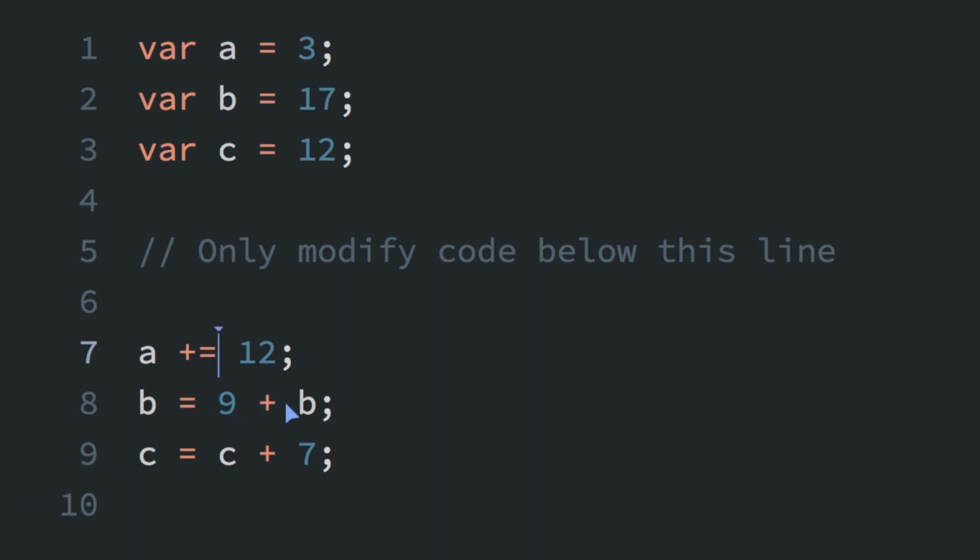So this equals the same thing. So instead of b equals 9 plus b, we can do b plus equals 9. So now we're adding the value to the variable and assigning the answer to that variable. So again, here we can do plus equals 7. So that's just a shortcut.